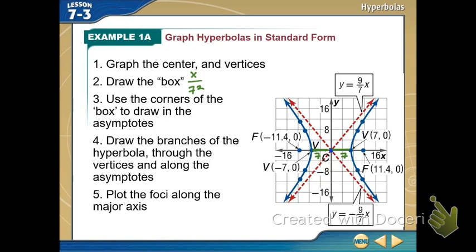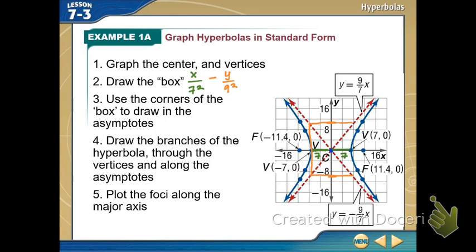And then underneath the y term, we had 9 squared. So that means that I'm going to go 9 spaces up and 9 spaces down. Now that's going to make a little box.